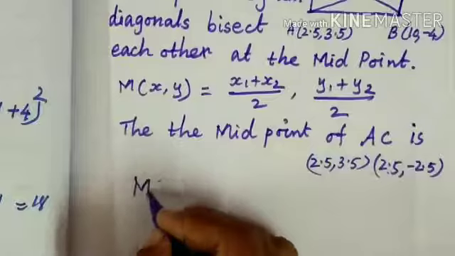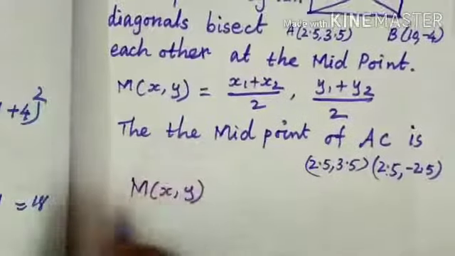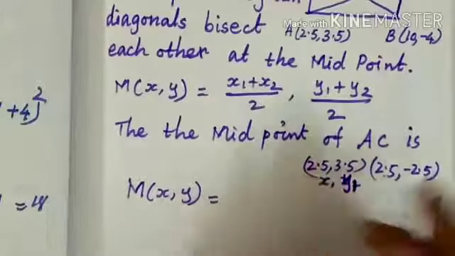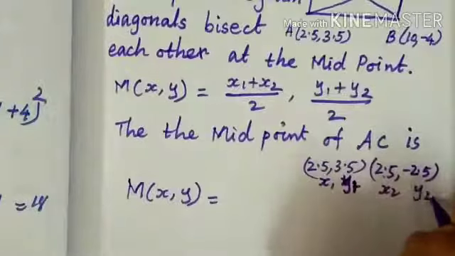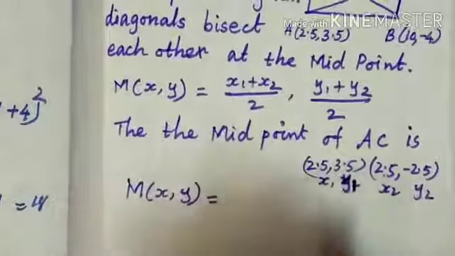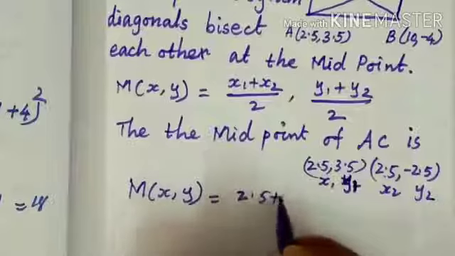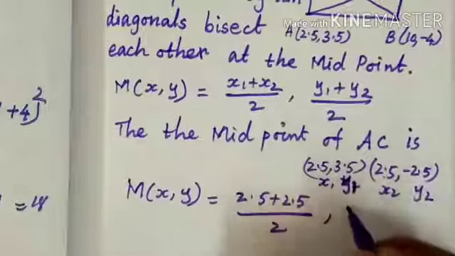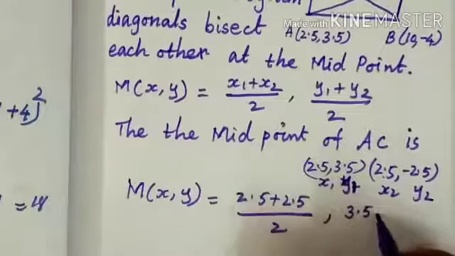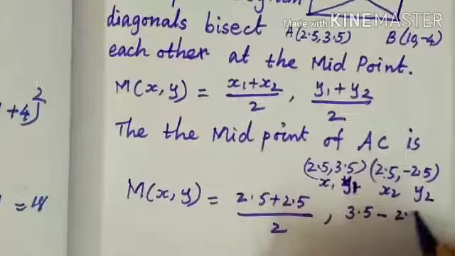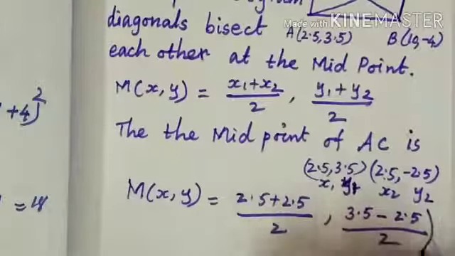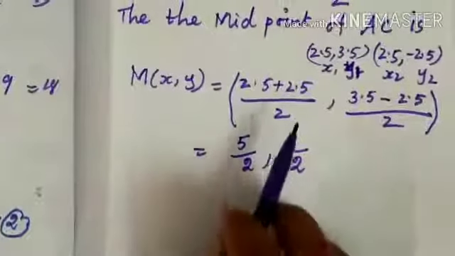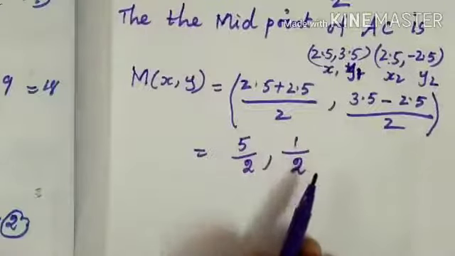Therefore, M(x, y), that is the midpoint, is equal to, let us assume x1 y1, x2 y2, ((x1 plus x2) 2.5 plus 2.5 by 2, (y1 plus y2) 3.5 minus 2.5 by 2). 2.5 plus 2.5, simplify this, we get 5 by 2, 1 by 2.